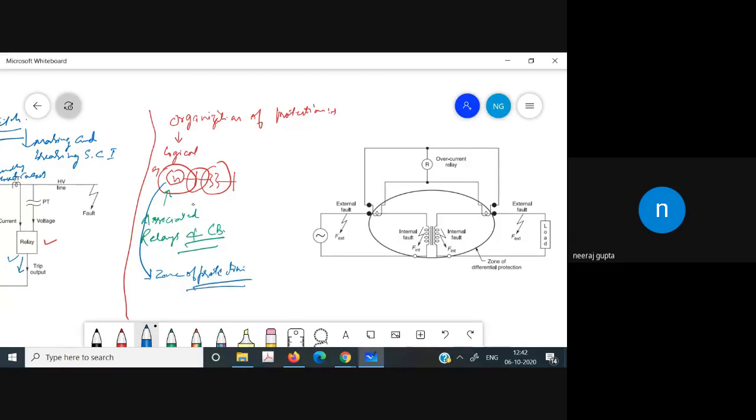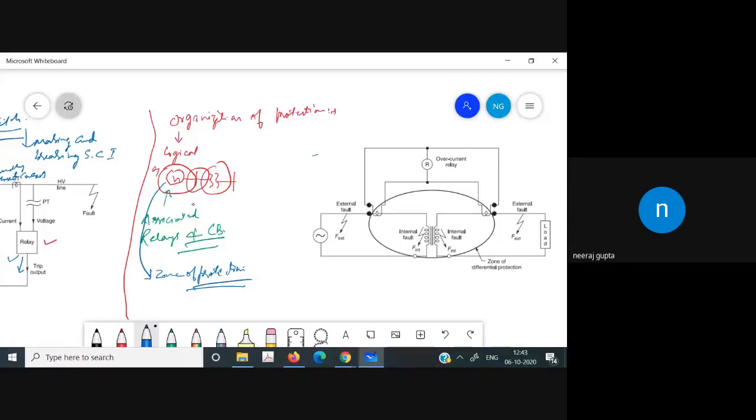Now, here we have a protection system for the transformer. When we read about transformer protection, we use differential protection on the primary and the secondary side.